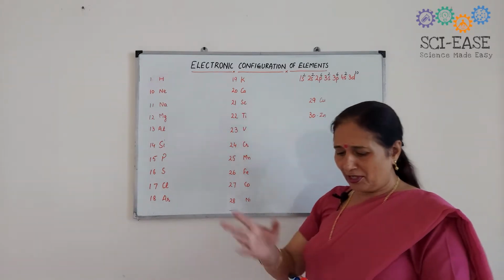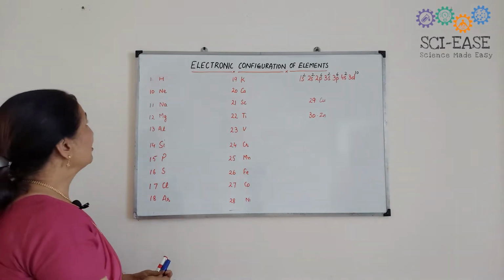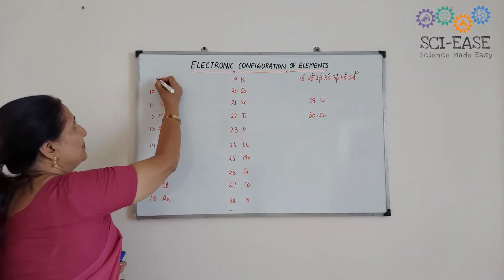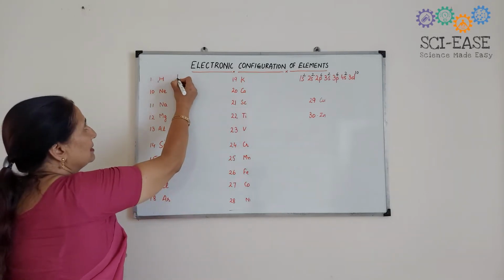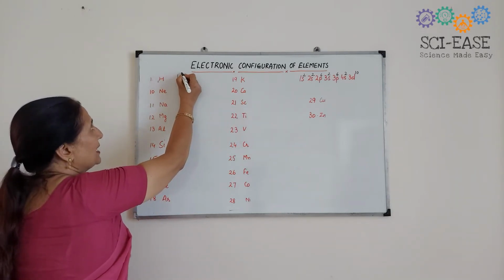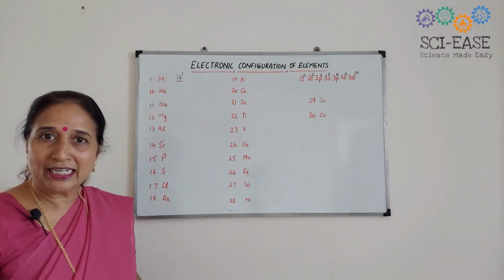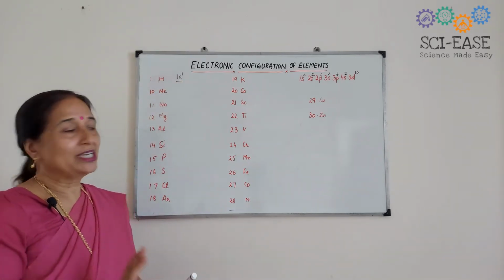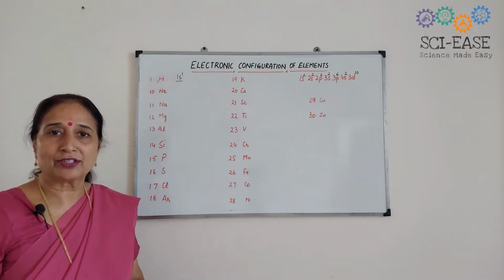I will take up hydrogen first, just to begin with. Hydrogen has atomic number 1. So the first orbital, that is 1s, will have 1 electron in it, and this is the electronic configuration of hydrogen.